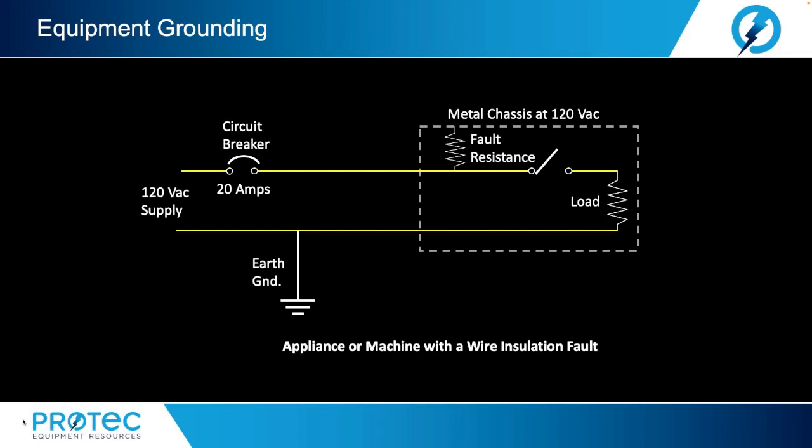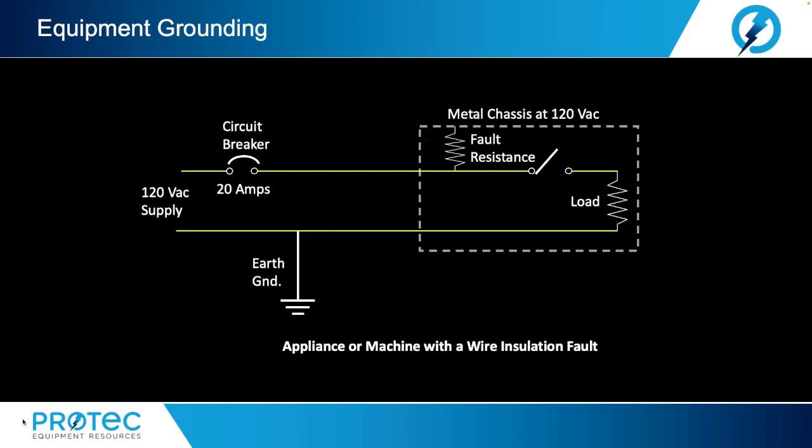The following example illustrates the purpose of the equipment grounding conductor. Now, the figure shown is a schematic of a device without an equipment grounding conductor connected to the metal chassis. The device is sitting on a non-conductive surface and therefore isolated from earth ground. The device is off, but a wire insulation fault has occurred before the switch.